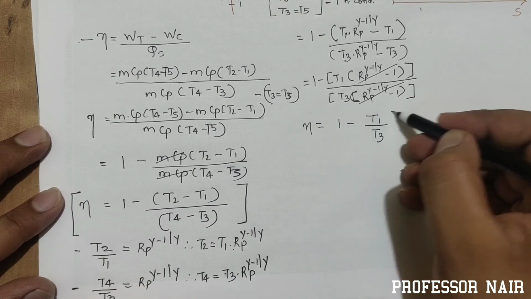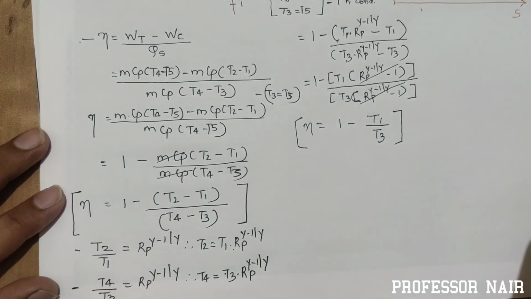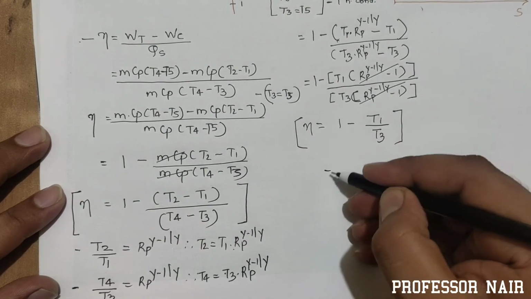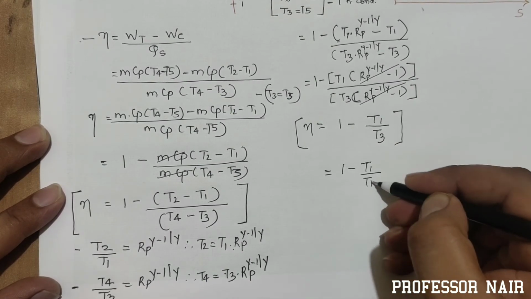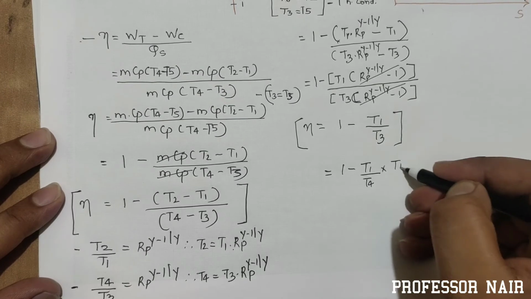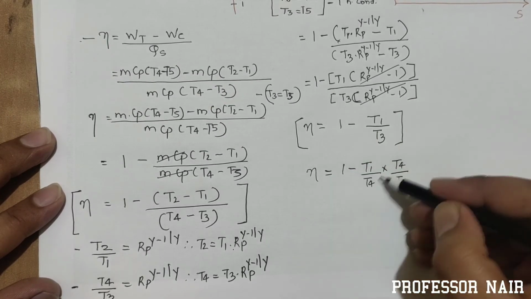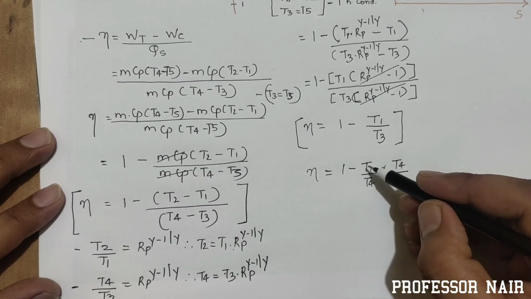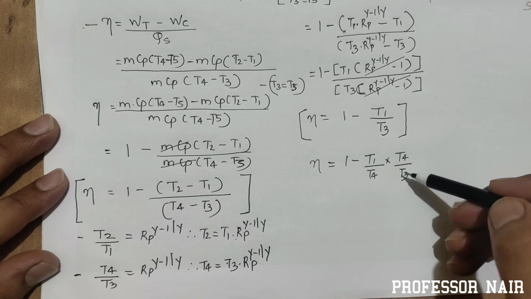So this is the efficiency. If I analyze again, I can write this equation as 1 minus T1 upon T3, multiplied and divided by T4, so T1 upon T3 becomes T1 into T4 upon T3 over T4. But what is T4 upon T3?